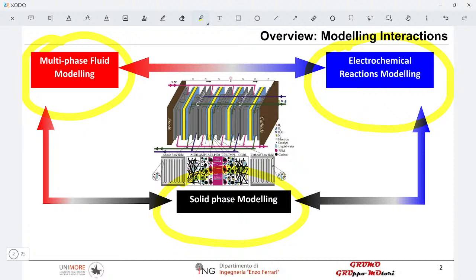So it's also our goal to have a sort of sensitivity of the results to the material properties. We have to keep this in mind, okay? But I think that this picture, and we will see how this can be integrated during this lesson, sums up all the fundamental aspects of the CFD modeling of fuel cell systems, okay?